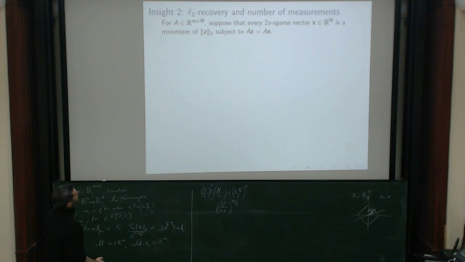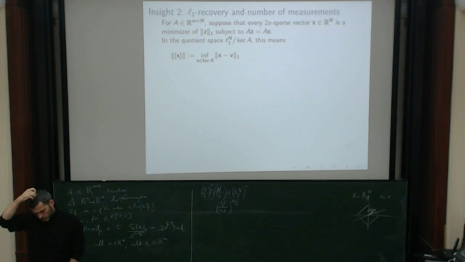Now, here is the explanation of the second insight. What we want to prove is that if we have an A which allows reconstruction by L1 minimization of every 2s-sparse vector, then we should get that m is large.